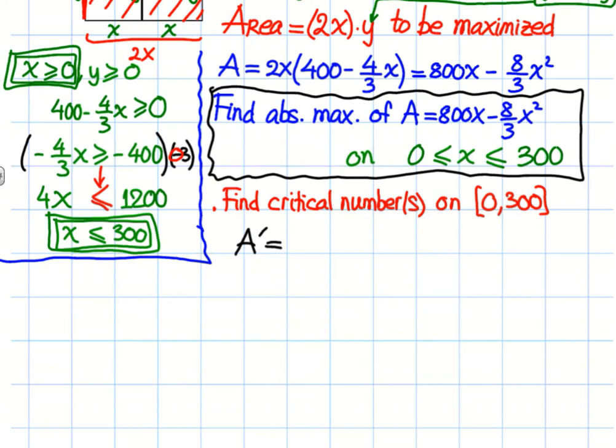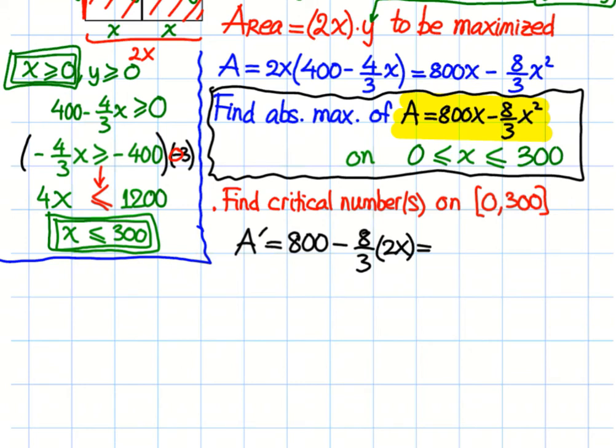This is the function A. We take the derivative: 800 minus 8 over 3 times 2x, since the derivative of x squared is 2x.